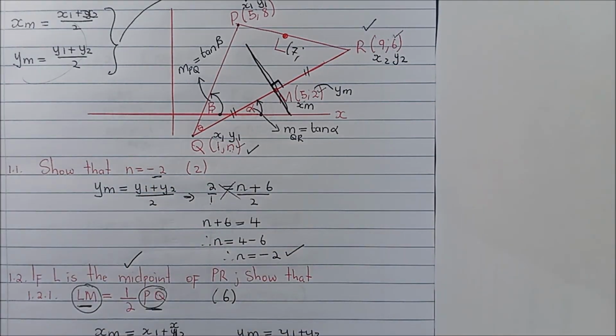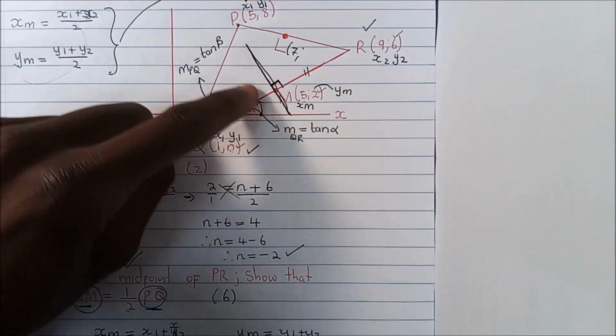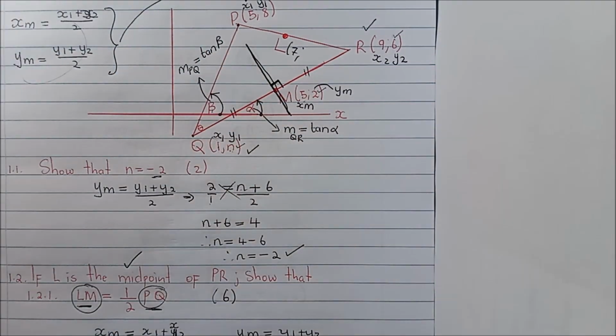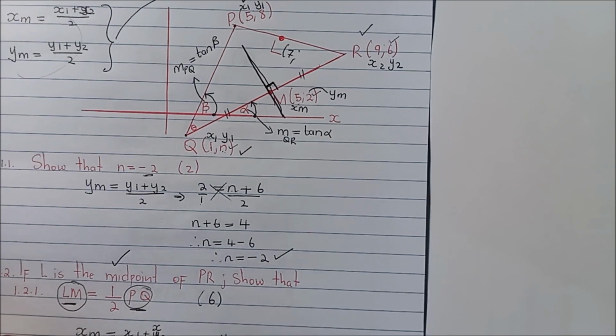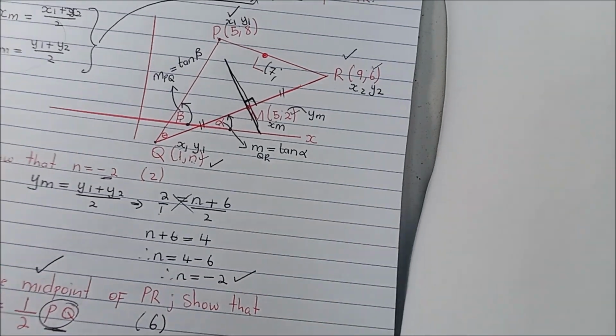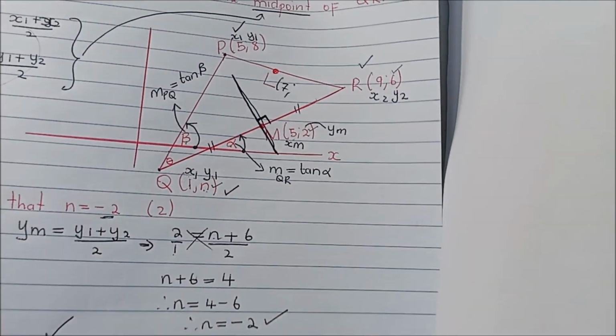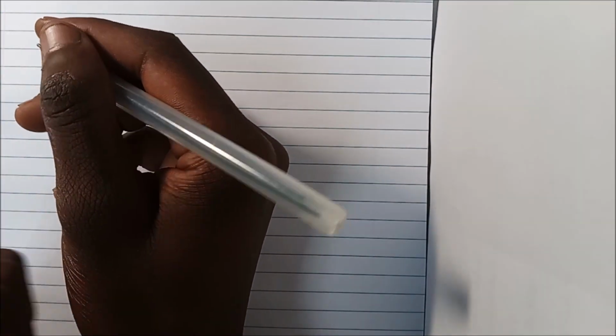So now, can we find the gradient of that line? They talk about perpendicular, so this is what you must start with. The question is 1.3. They want the equation of a line perpendicular to QR.